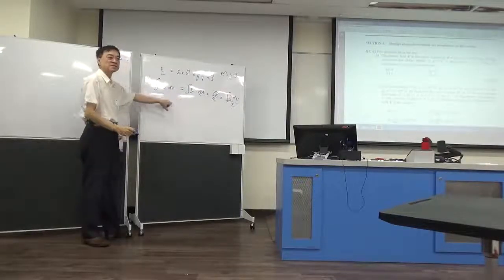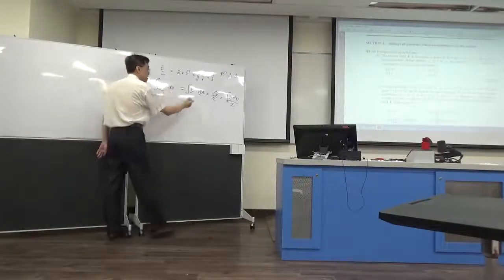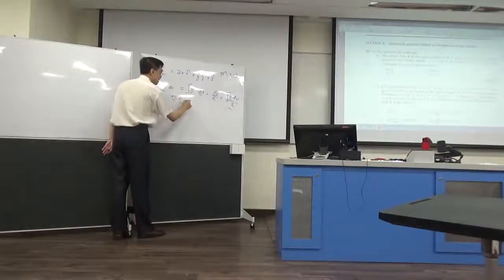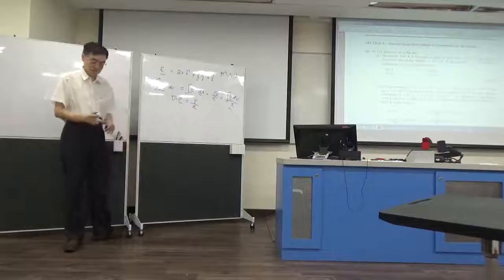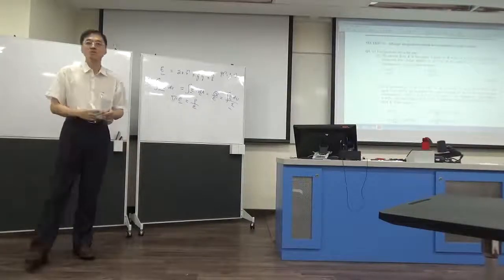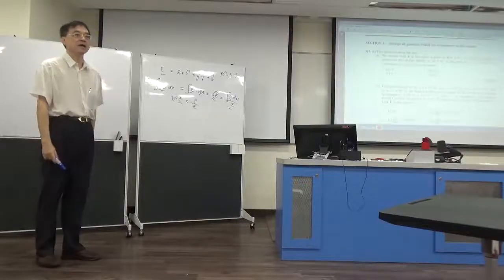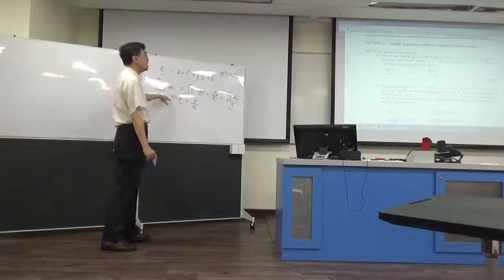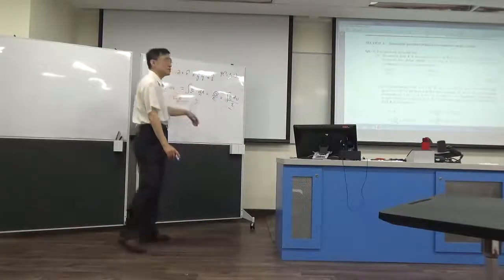Remember, this is your divergence theorem. So what you get is, this equation is actually derived in the lecture notes for you already. Divergence of E is equal to rho over epsilon. You look at your lecture notes, it is in there. So what you have to do is find the divergence of E at that point. Then it will give you the charge density.